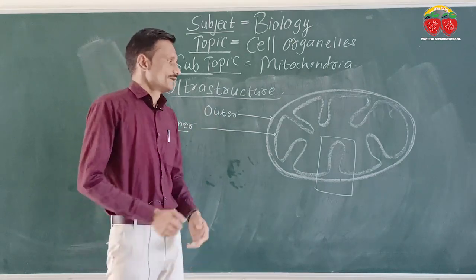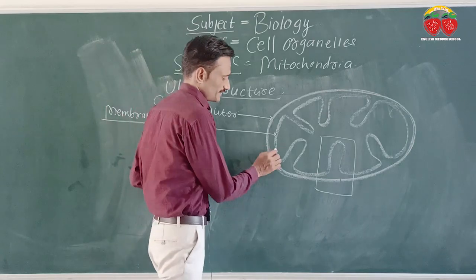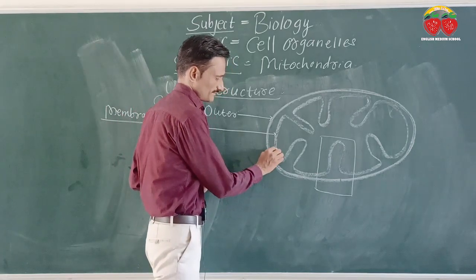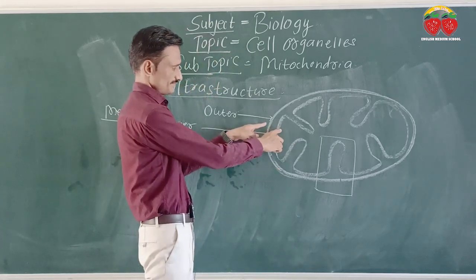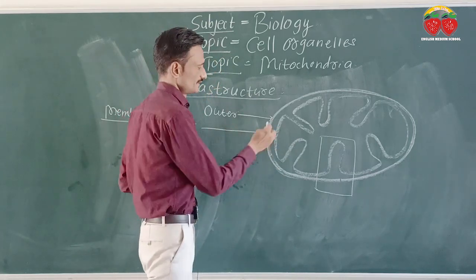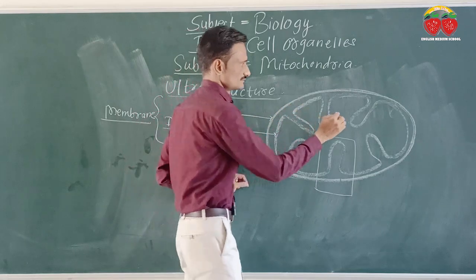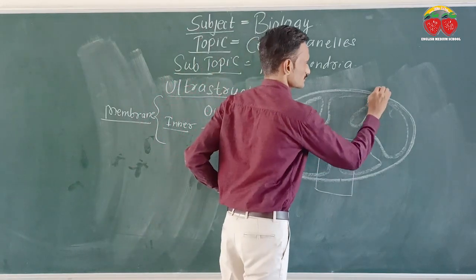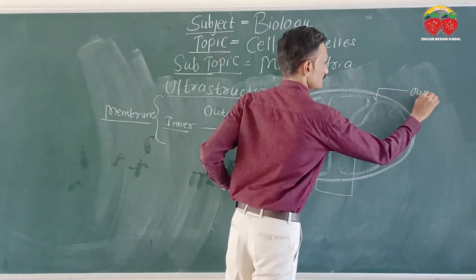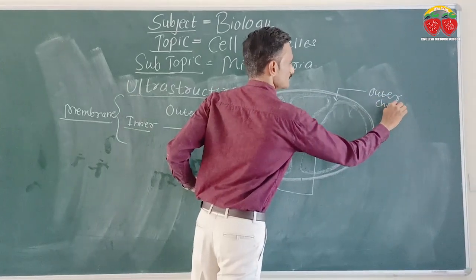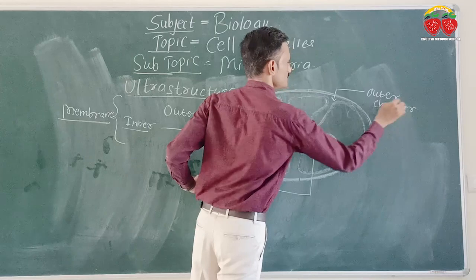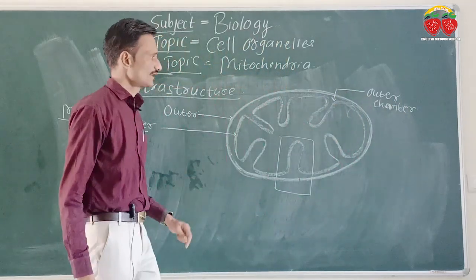Now, the side of the inner membrane toward the inner chamber. Because of these two membranes, two chambers are formed. The space between the two membranes is called the outer chamber.